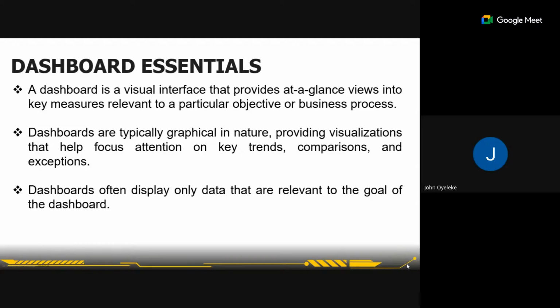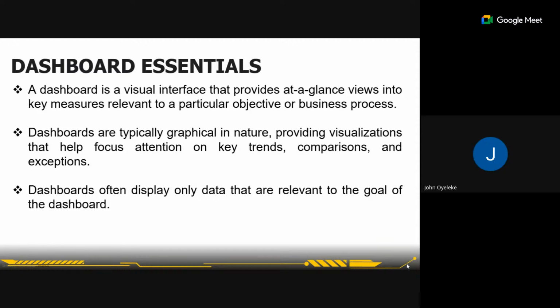you can see the definition of the dashboard: a visual interface that provides at a glance views into key measures. You're able to see many measures at a glance. That's the dashboard. A dashboard is typically graphical in nature, providing visualizations that help focus attention on key trends, comparison, and assumption. So with a dashboard, we try as much as possible to let it contain charts and graphs.